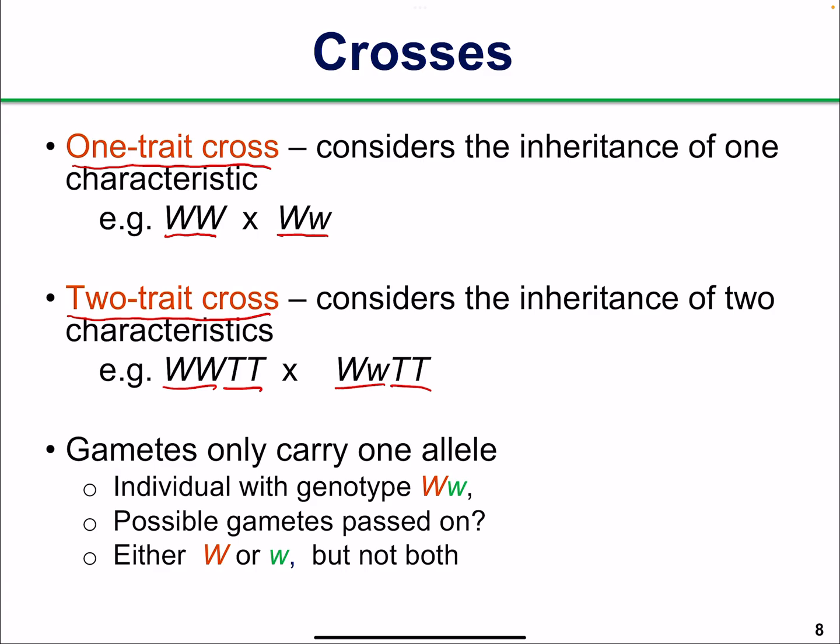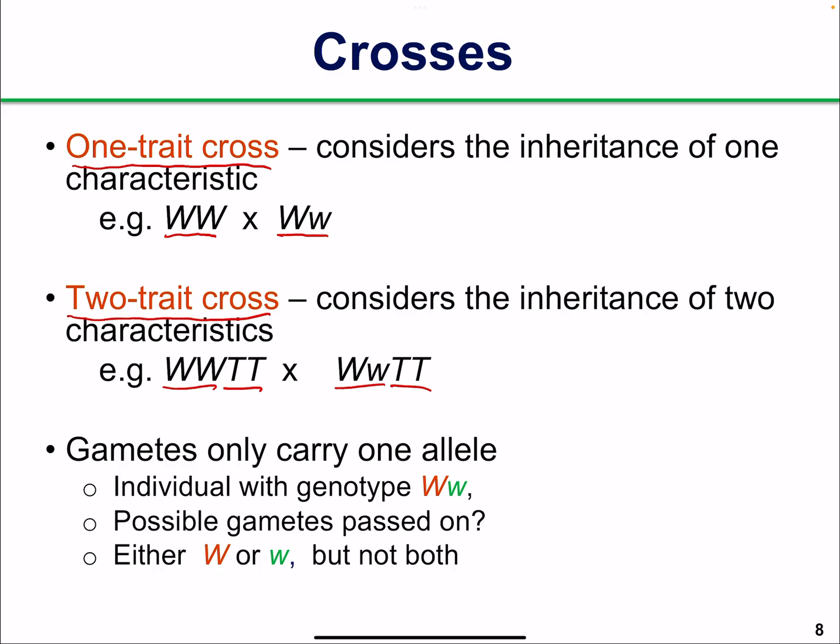That would be a double cross. And whenever we do a mono cross, a one-trait cross, or a two-trait cross, we are going to ask the following questions.